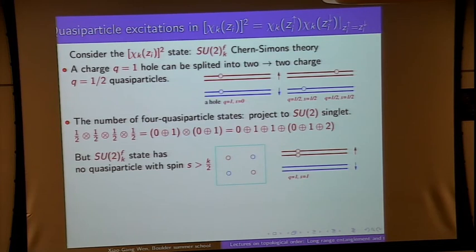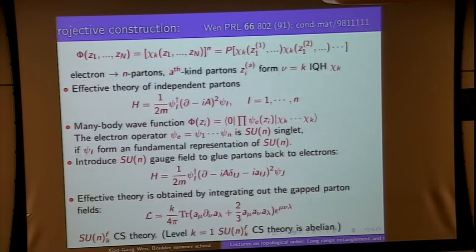How do we get non-abelian statistics? Here it's a way of construction. I assume the partons form integer quantum Hall states. You can assume the partons form some kind of fractional quantum Hall state and do the same thing, then you get more general states.